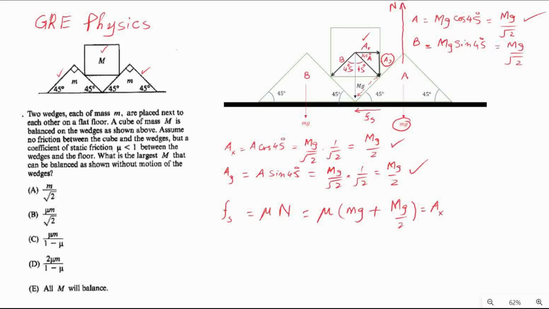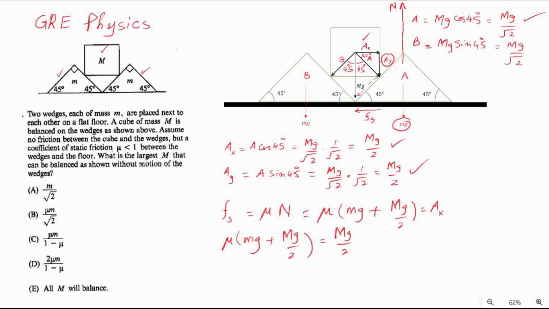So let us write it down separately: mu times mg plus Mg divided by 2 is equal to Mg divided by 2. This is the magnitude of AX.